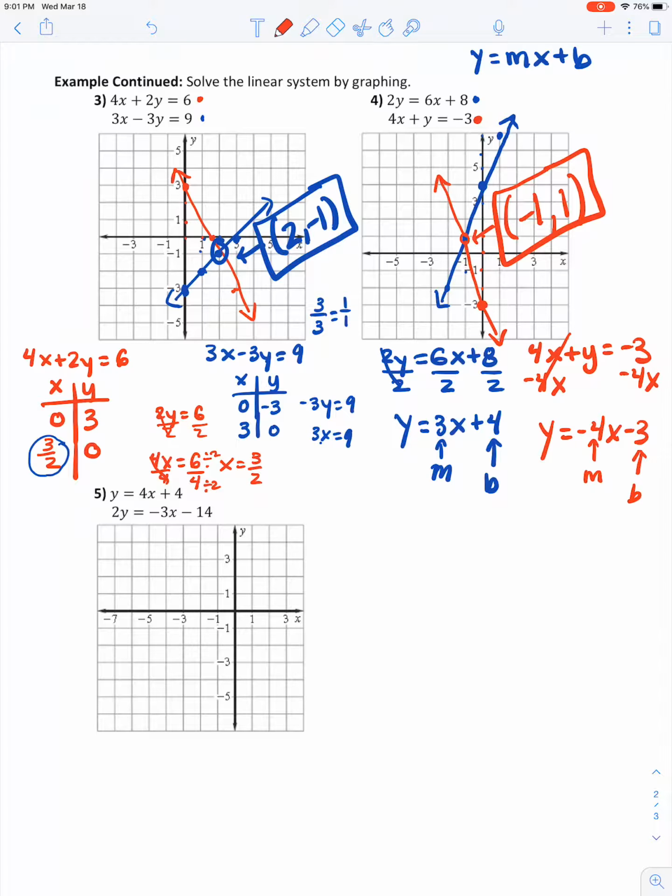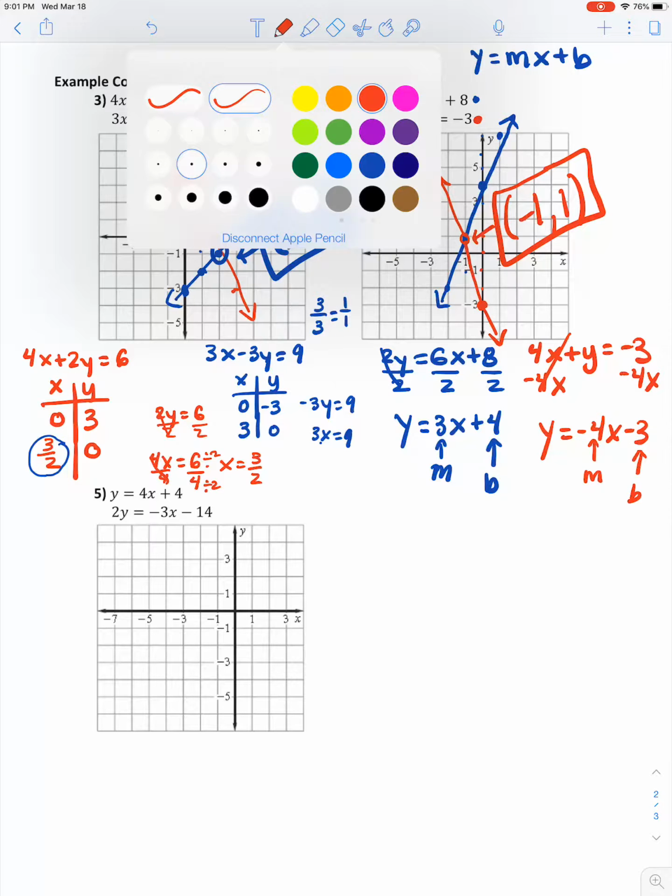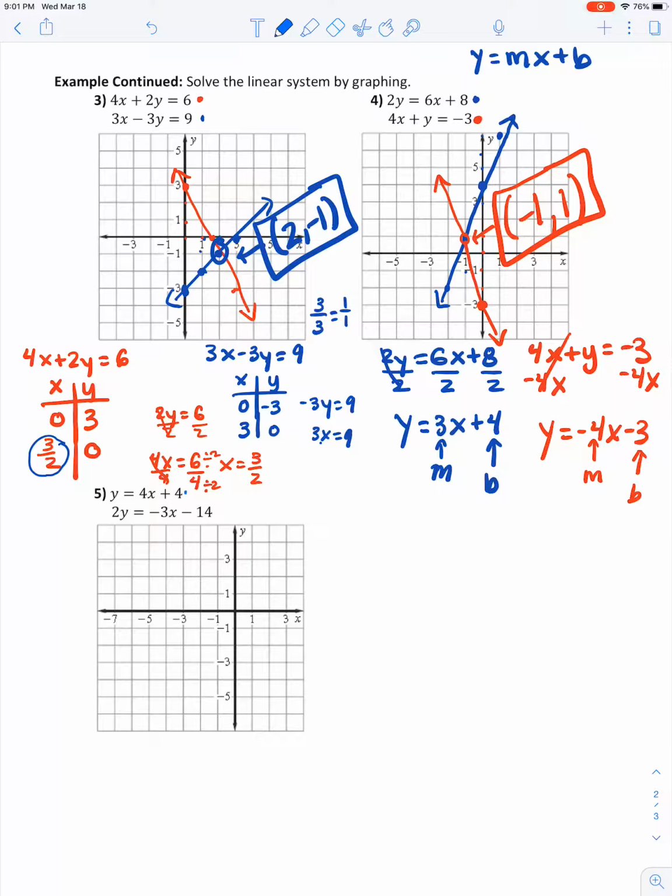Okay, we have one more example left. I will go ahead and use the xy table method again since I haven't done that one for a while. All right, so my blue equation, we have y equals 4x plus 4. If I am doing an xy table for that, again, I can plug in anything for x. Let's do 0 and let's do -2.